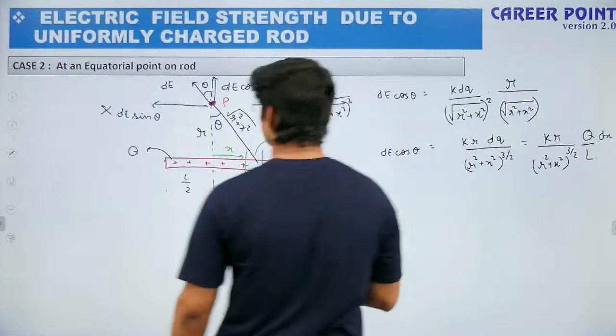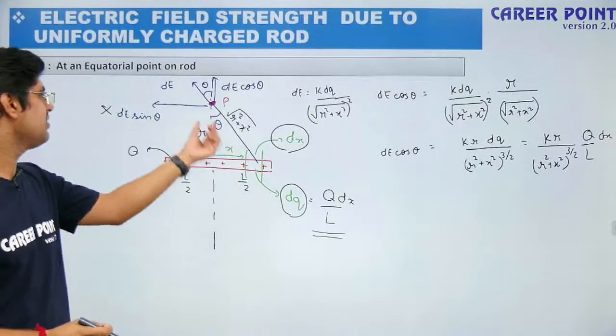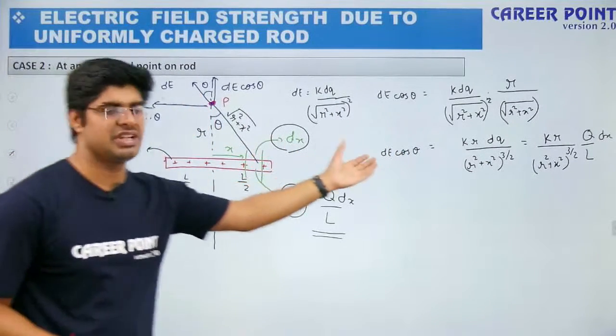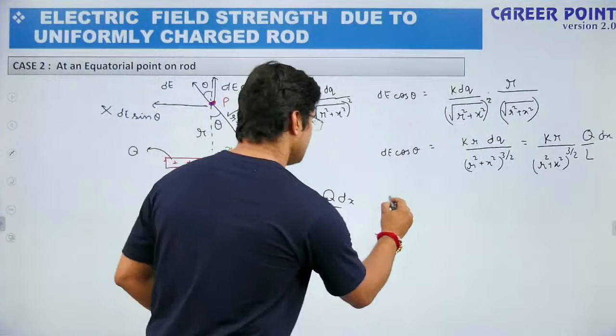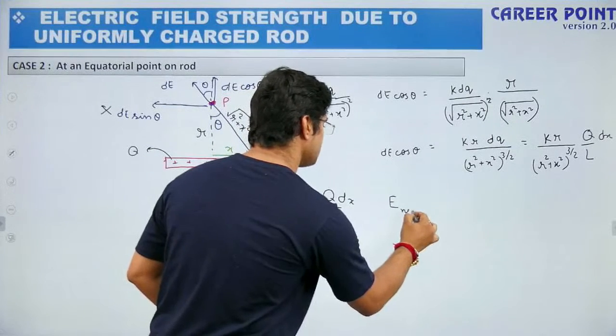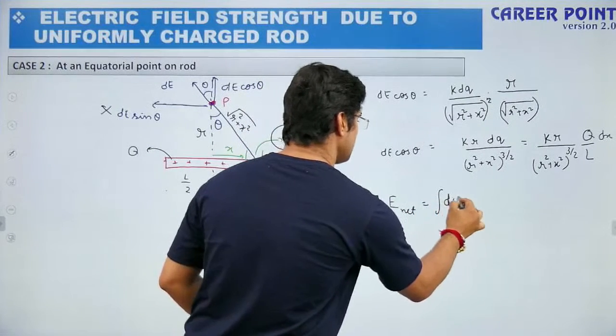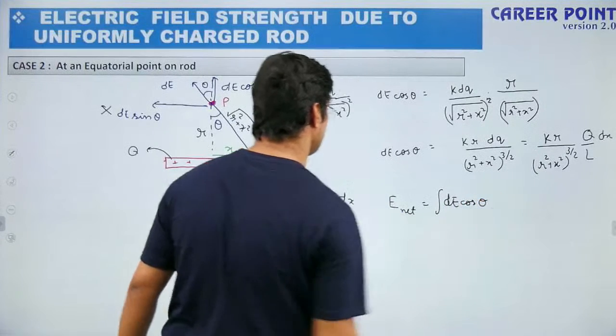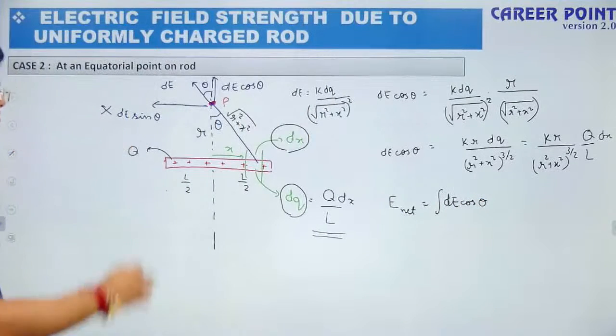If you ask me what will be the net electric field due to this whole rod, I will integrate this expression. So E net will be equal to integration of dE cos theta.